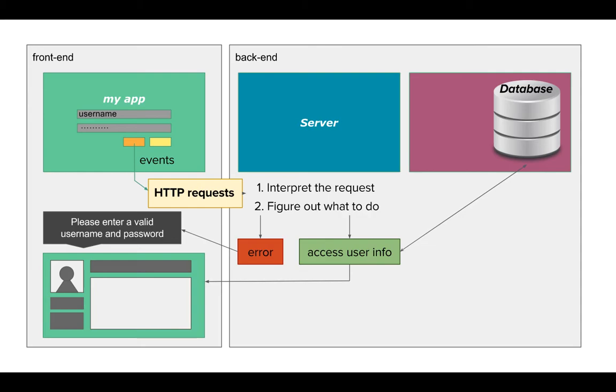They interpret the request, look at the data sent, for example, and figure out what to do. A lot of times that involves accessing the database for the user's information or for other information, and then sending it back in an HTTP response that then renders itself on the front end appropriately. Otherwise, it would be an error that's also rendered in the front end.